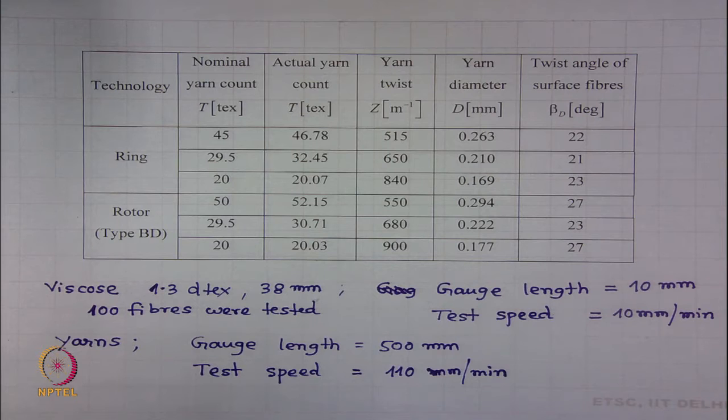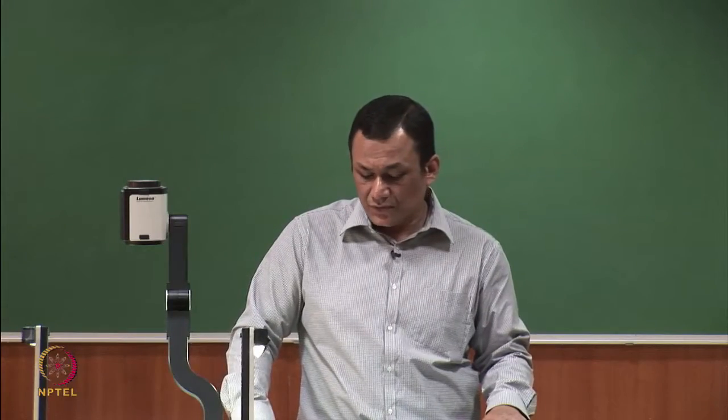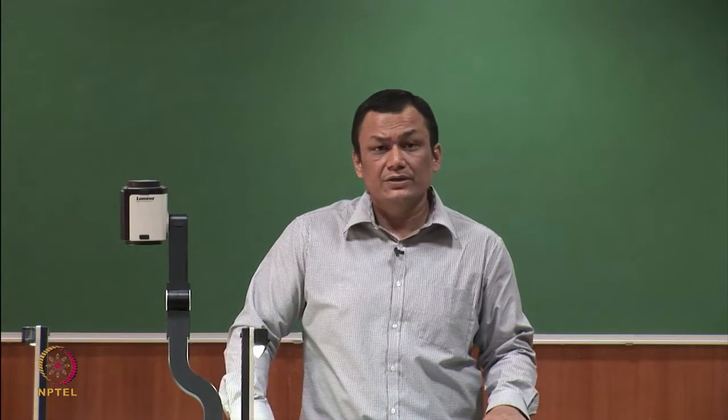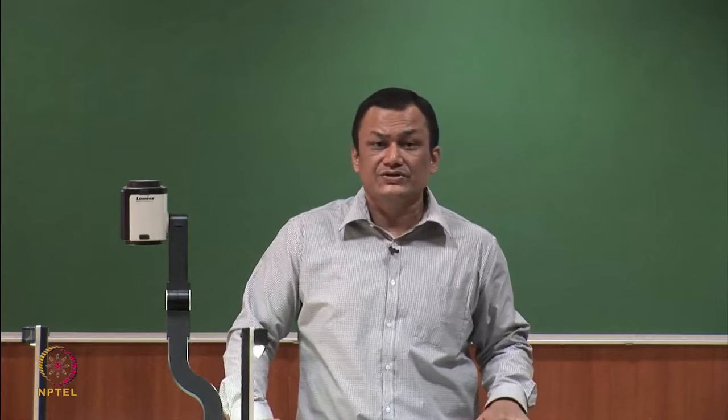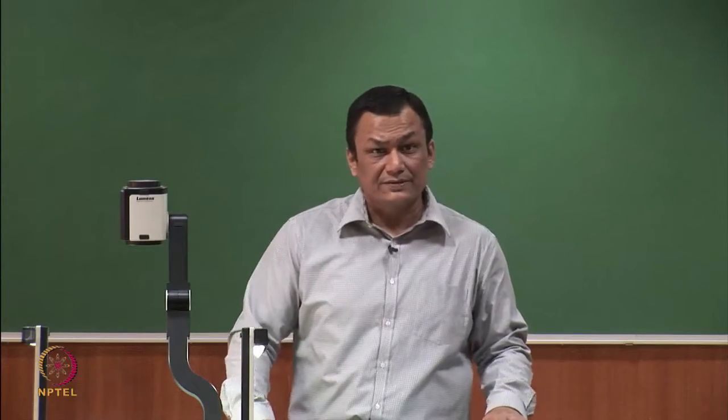Now, fiber stress and fiber strain are all random variables. So, obviously these 100 fibers, though they are all viscose, showed little variation in stress and strain. So, what we did, we took the average stress strain curve of the fiber.